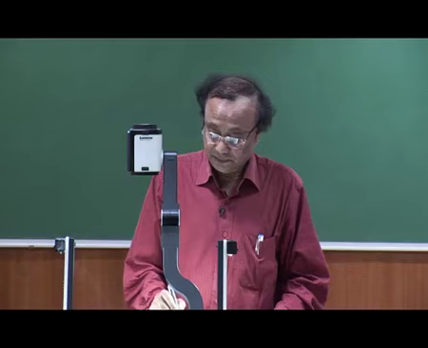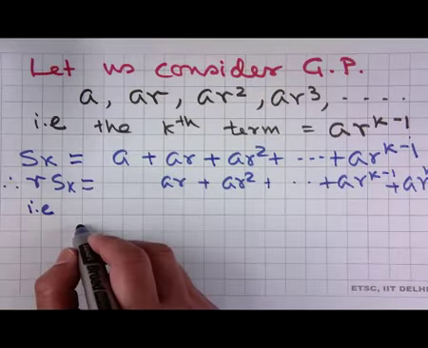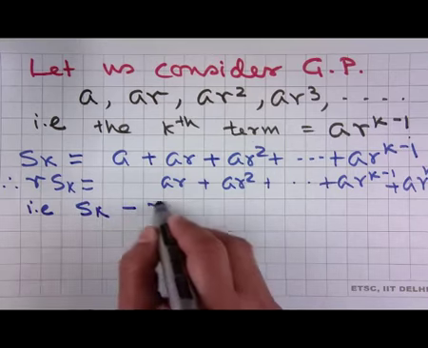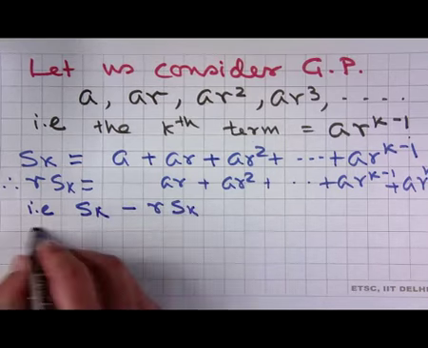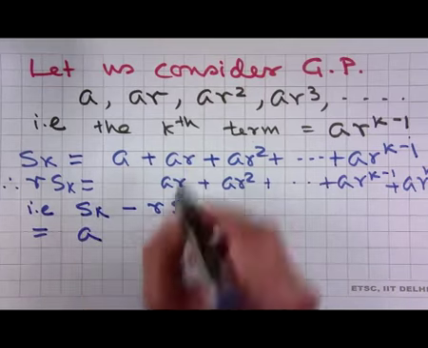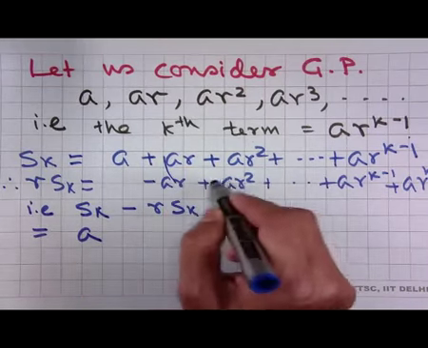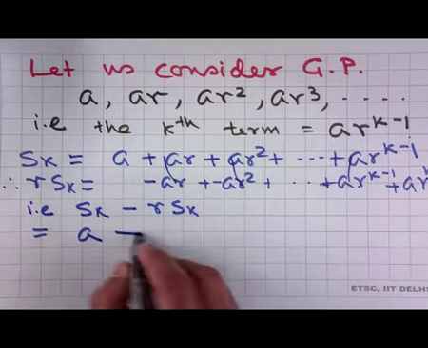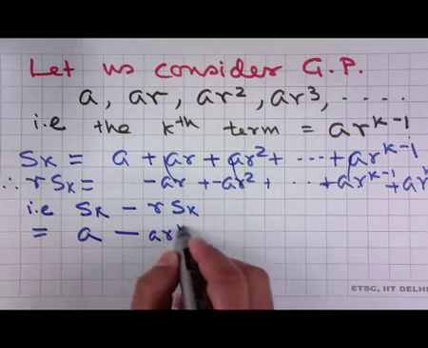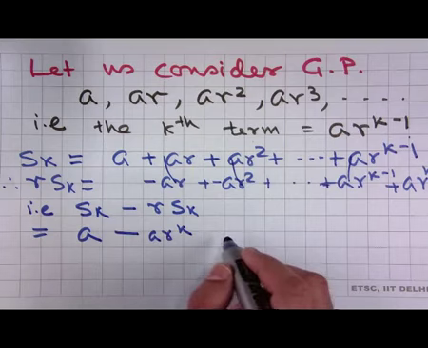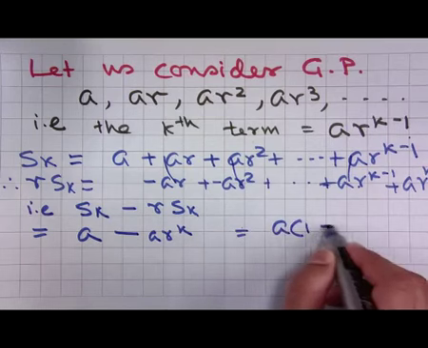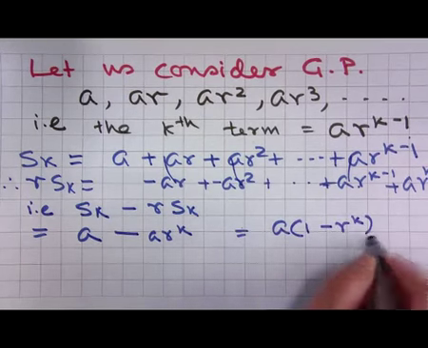That is, s_k minus r of s_k is equal to a. Then as I am subtracting, they are all getting cancelled out, and what is left is a minus a r to the power k, which is equal to a into 1 minus r to the power k.